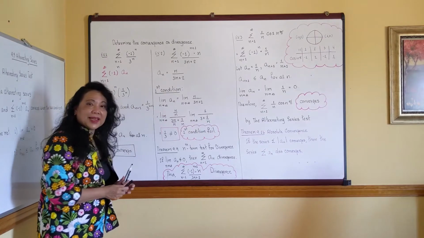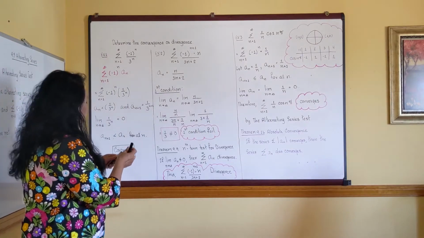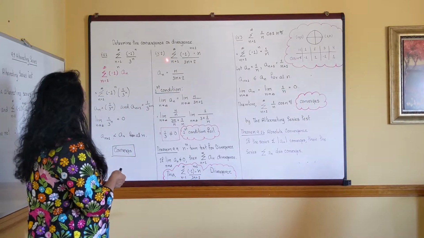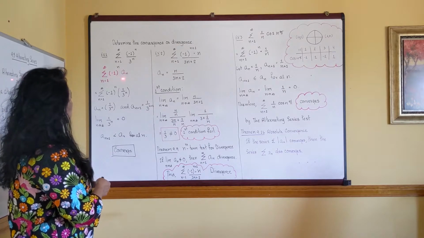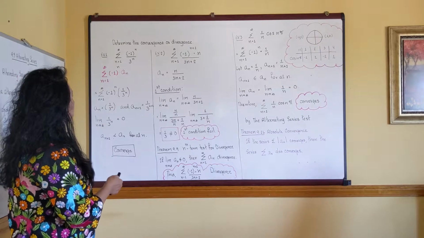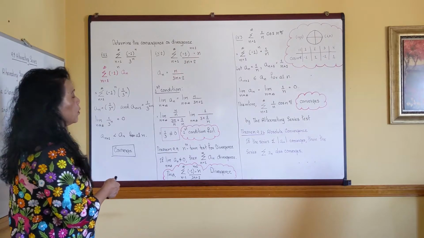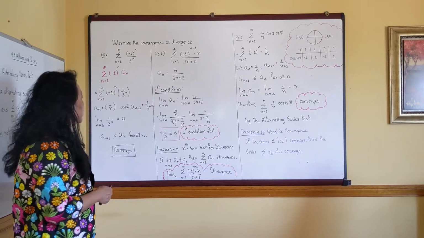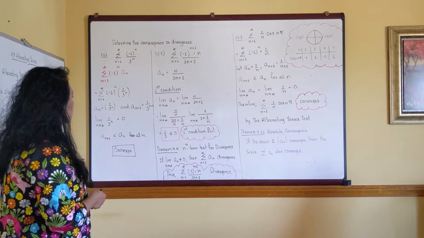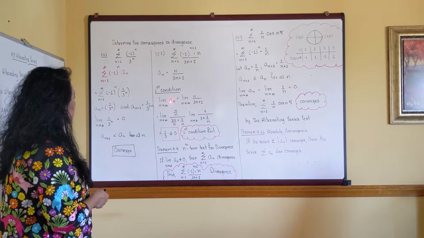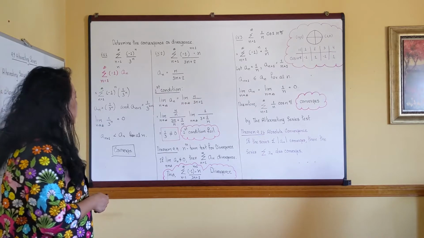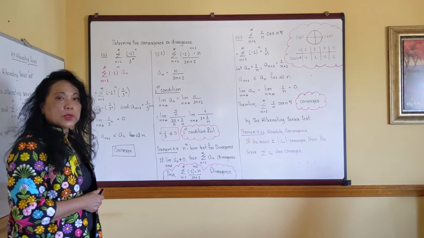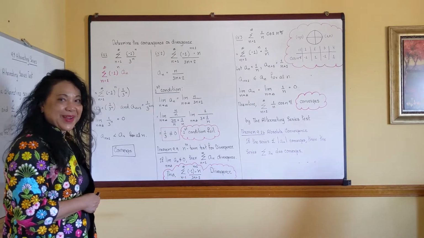Now let's look at my second example. Again, if you put it in this form, your a sub n will be n over 3n plus 2. I'm going to test the first condition. I take the limit of a sub n as n goes to infinity. The step I did is divide numerator and denominator by n.